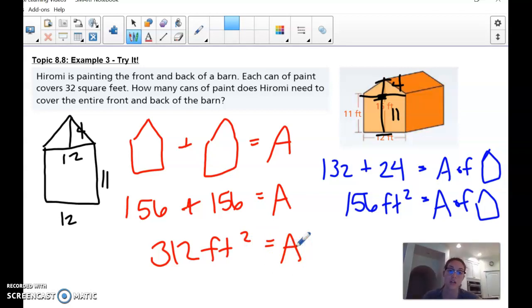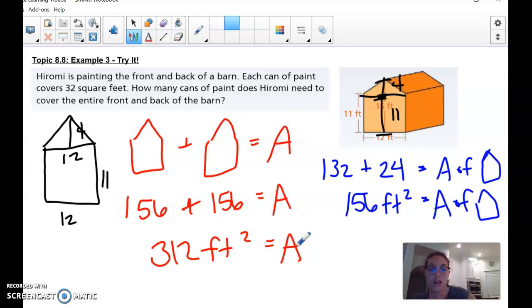And then finally, we need to see how much paint Hiromi needs to use for the front and back of the barn. So each can of paint covers 32 square feet. So the last thing that I need to be doing is dividing our total area by 32 square feet.